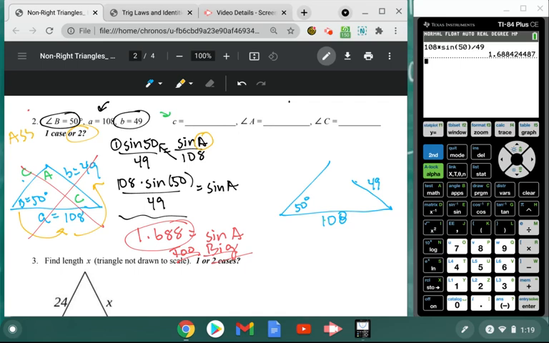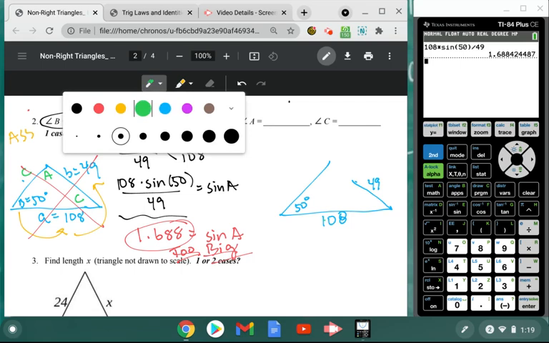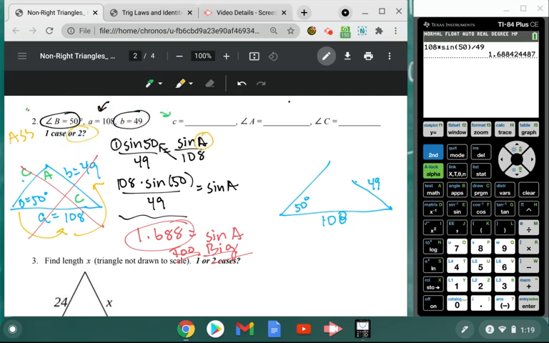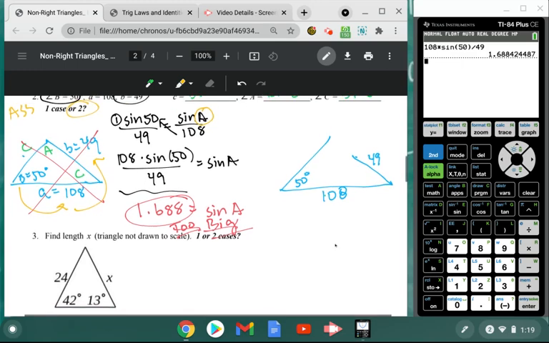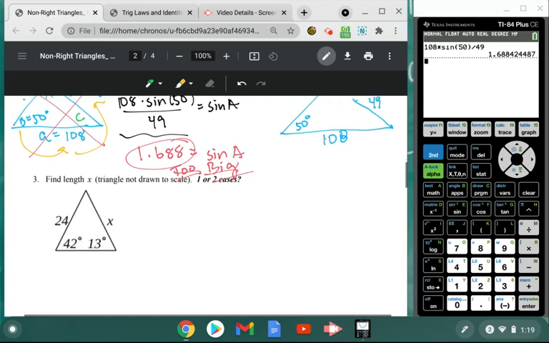So this is not a possible construction. For our answer, we'll say DNE, does not exist. That makes me really happy because we don't have to do any more work. No possible triangle. Okay, next.